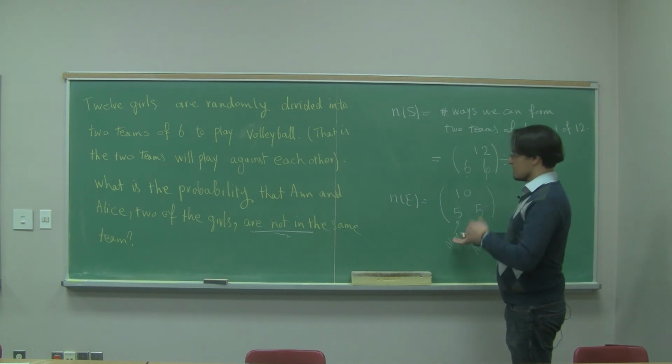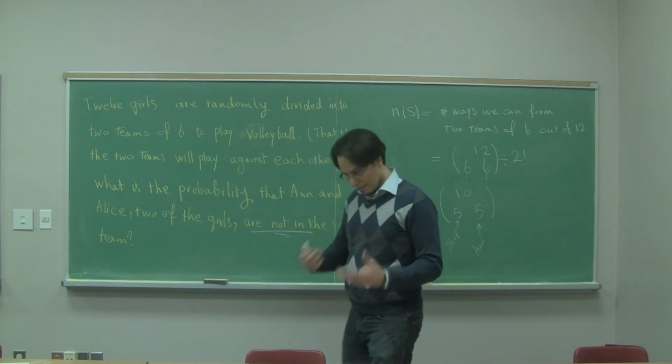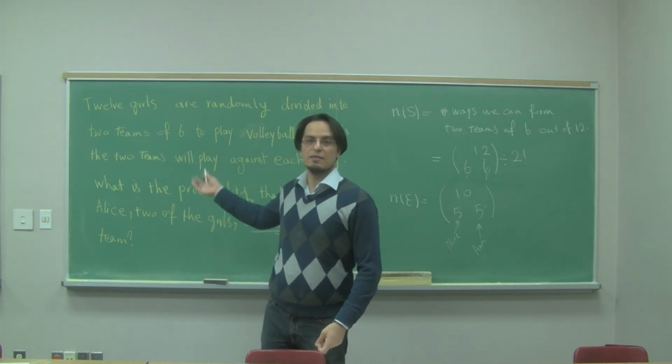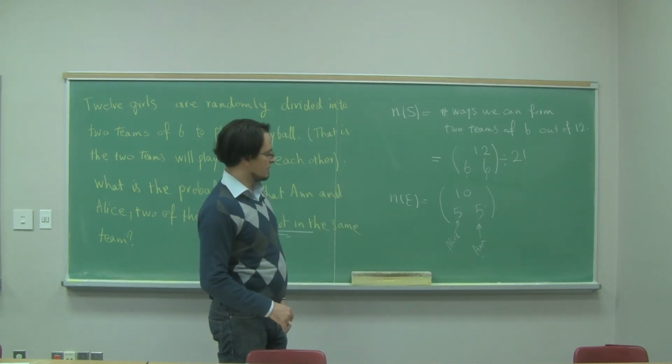As you can see, these labels are different, so this would give us the number. We label the teams by the name of the person, Alice or Anne. So that's the number of elements we have there.